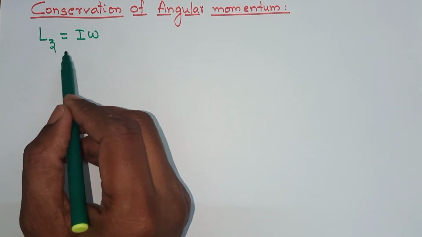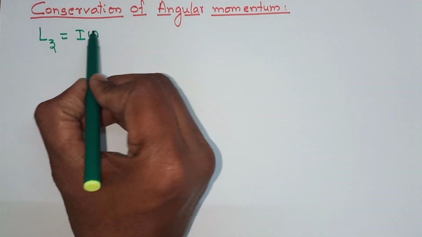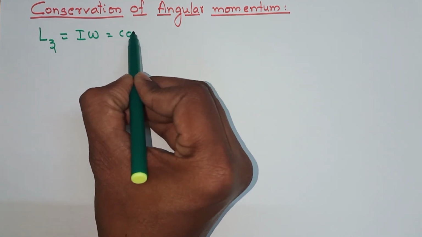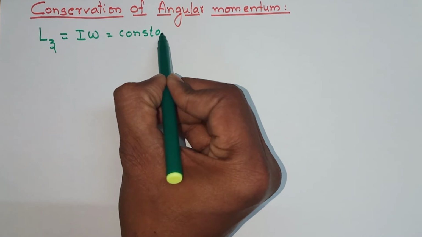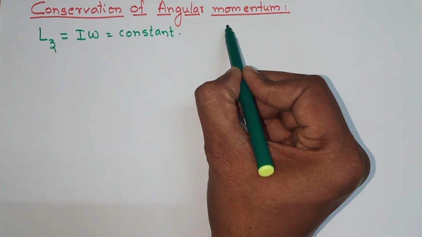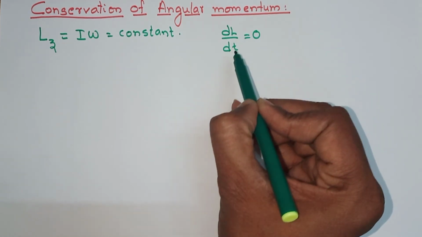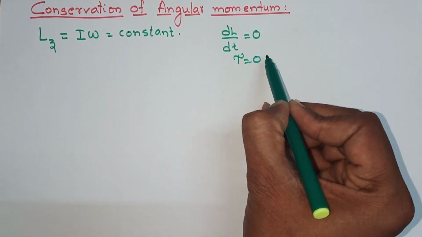So for a system particularly, if you are considering Lz is equal to constant, when Lz is constant, means dL by dt is equal to 0, means tau is equal to 0.